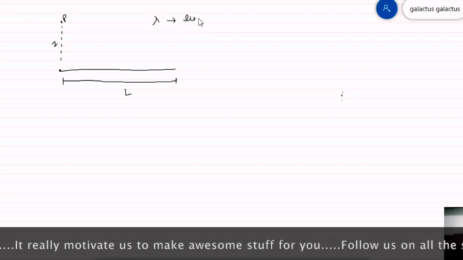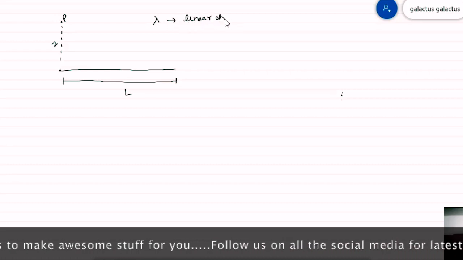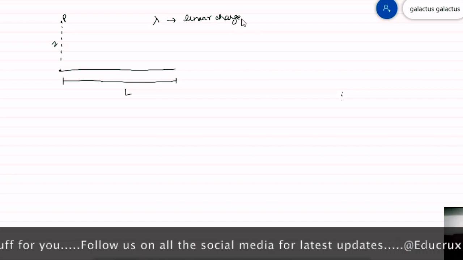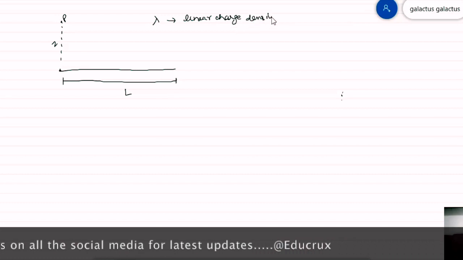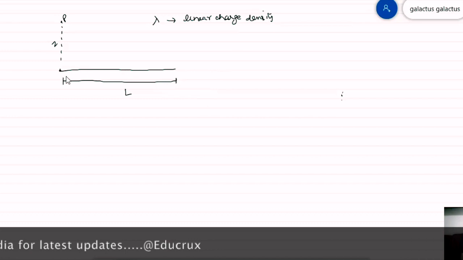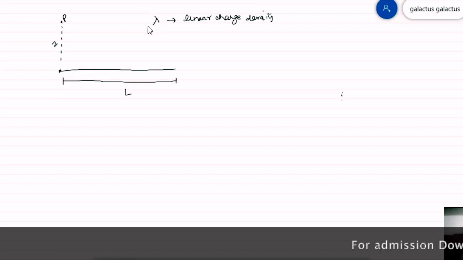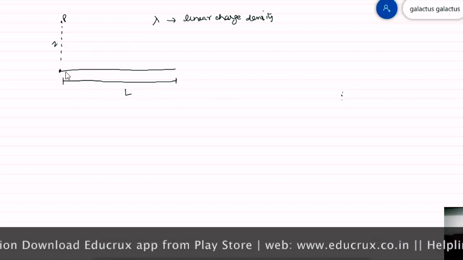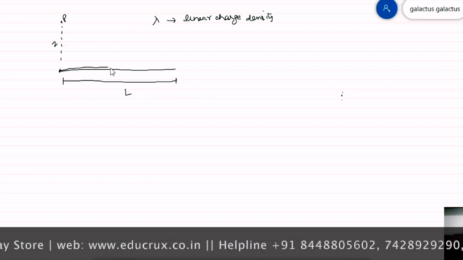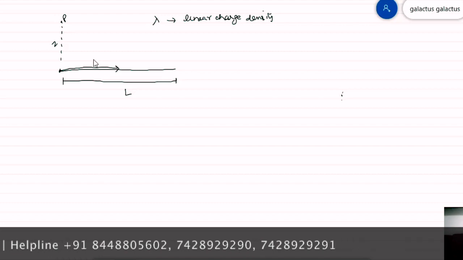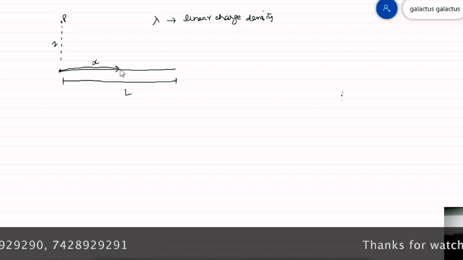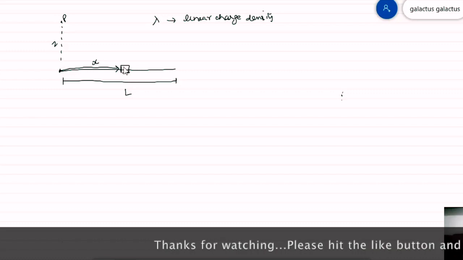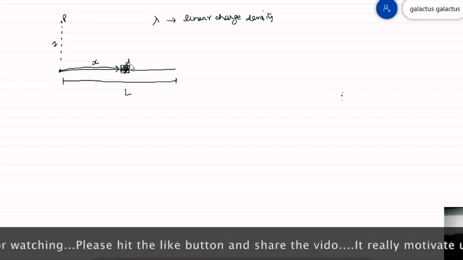Okay, so this is my linear charge density. Okay, so calculate the electric field at a point P due to this linear charge density, or this charge distribution which is distributed along a line. What I will first do is, at a distance x, I will consider an element of the wire dx.